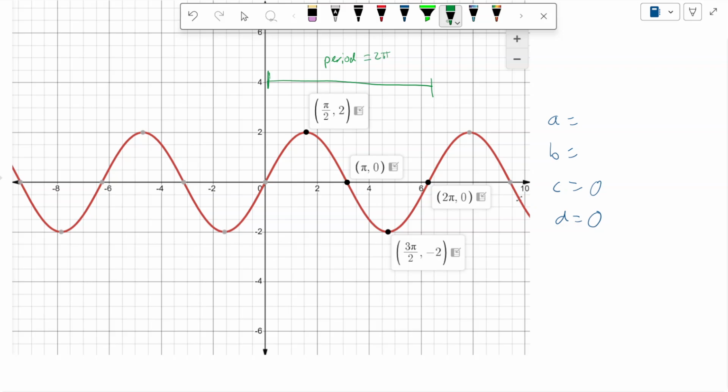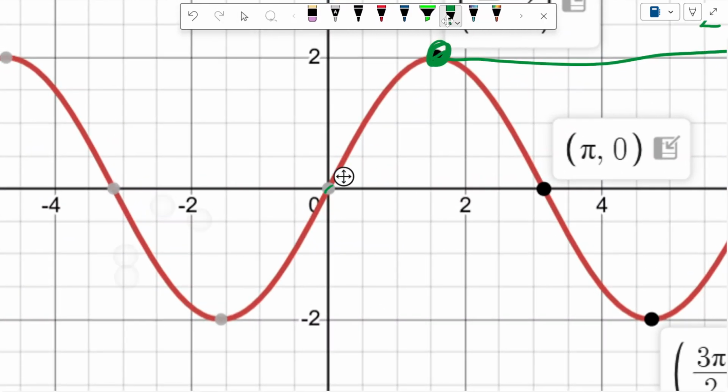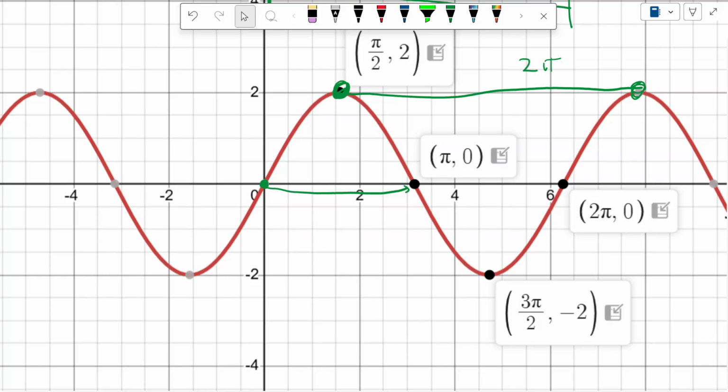That's 2 pi. And you can pick any 2 points that are the same, for example the 2 maximums, so that distance is 2 pi. Just be sure that if you're picking 2 points in the center, you don't just pick the distance to the next center point; you pick the distance until it repeats, and it won't repeat until it's coming back up through the center.